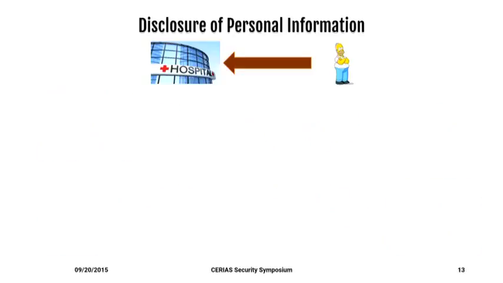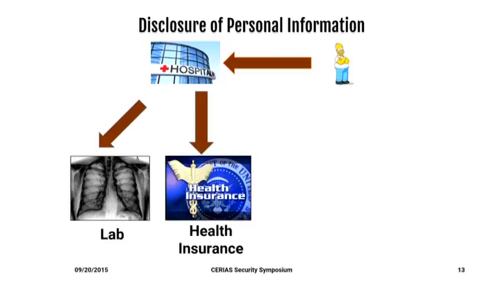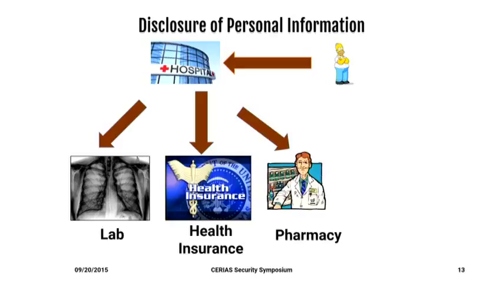Let's take a representative organization, say hospital, okay? Now, hospital, for purposes of medical reasons, shares his information with the lab or the health insurance company or the pharmacy, right? These should be allowed.